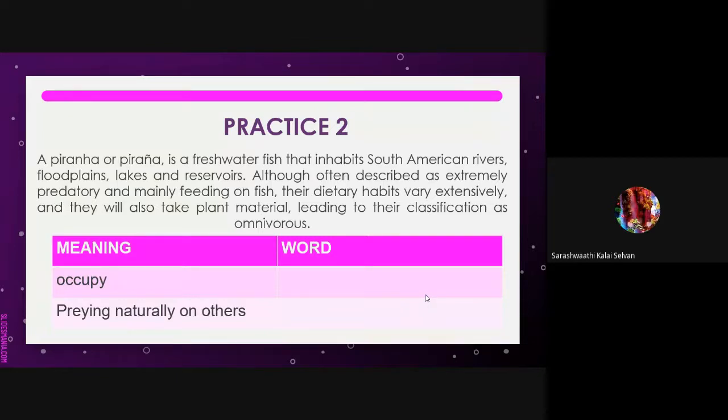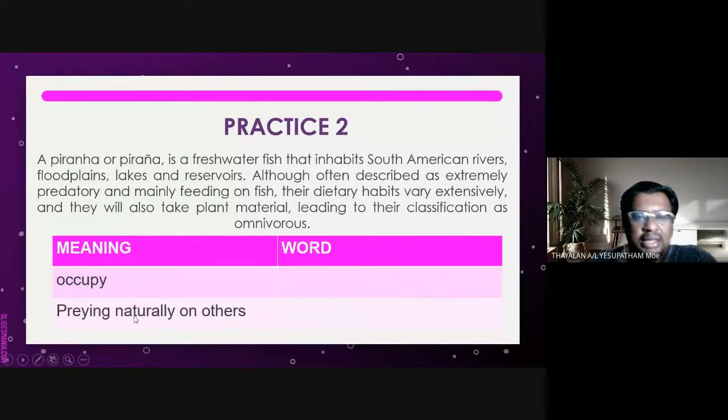Although often described as extremely predatory and mainly feeding on fish, their dietary habits vary extensively, and they will also take plant material, leading to their classifications as omnivores. Okay. I think after the practice, I will go back to every paragraph and we will go through the pronunciation again.